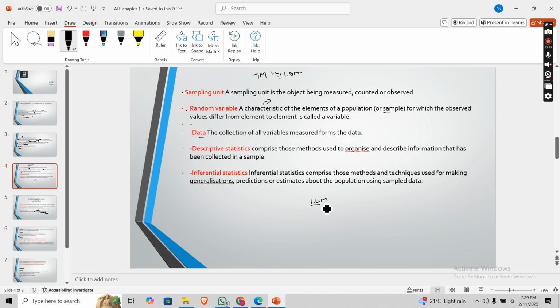And then from these findings, I use this number to make a generalization, for example saying the average height of all 50 ATE students is 1.4 meters. You see what I did here? I only used the data from the 10 students to calculate the average, but after that I use that average to make a generalization about the population. Okay, so that's what inferential statistics is.